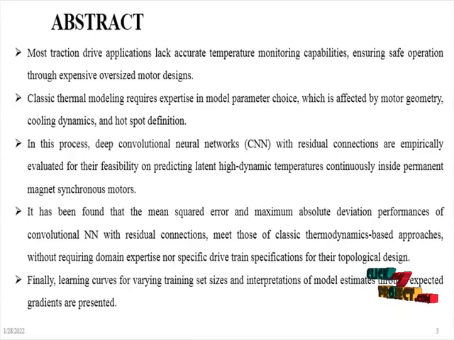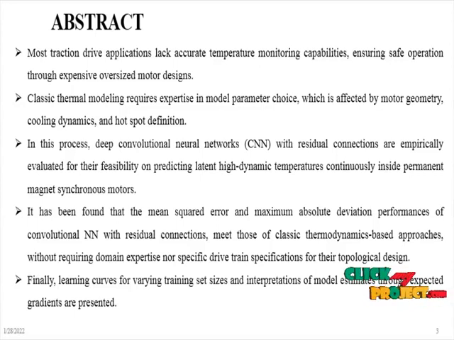dynamics, and hotspot definitions. In this process, deep convolutional neural networks with residual connections are empirically evaluated for their feasibility on predicting latency-high dynamic temperatures continuously inside permanent magnet synchronous motors.